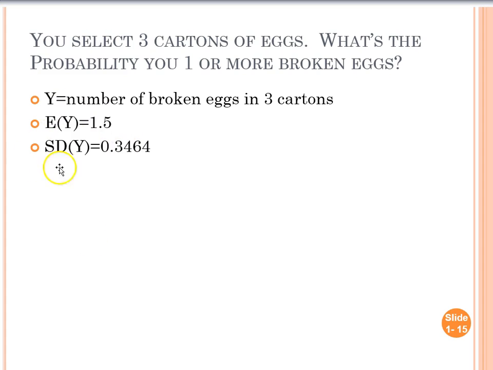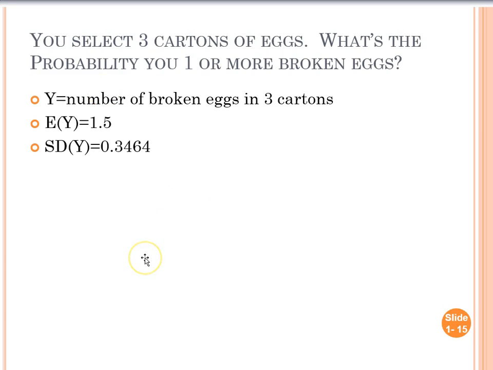So now that you know how to calculate the mean and standard deviation of a new random variable, we can move on to ask more interesting questions that are maybe more applicable to real life. So let's say you select 3 cartons of eggs, and now what you really want to know is what's the probability that you get at least 1 broken egg or maybe more.